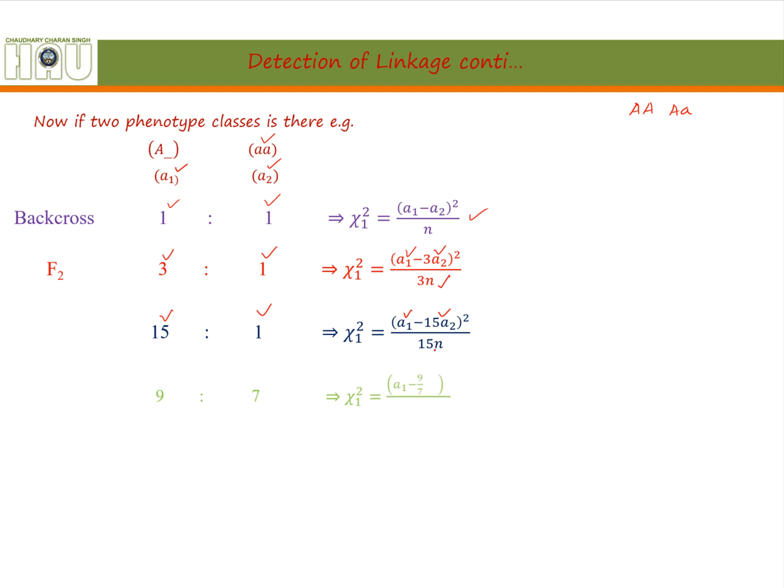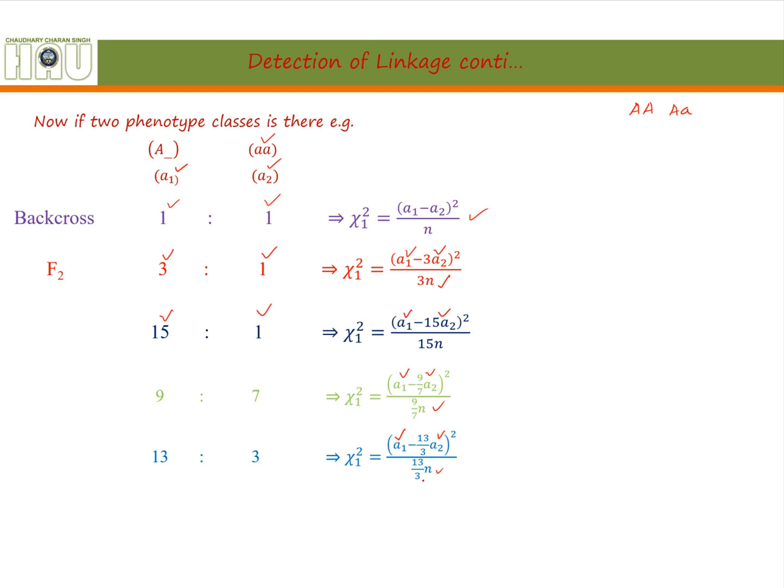For 9 is to 7, you can write (A1 minus 9/7 A2) whole square divided by 9/7 n. And if it is 13 by 3, in a similar way you can find the chi-square: (A1 minus 13/3 A2) whole square divided by 13/3 n.